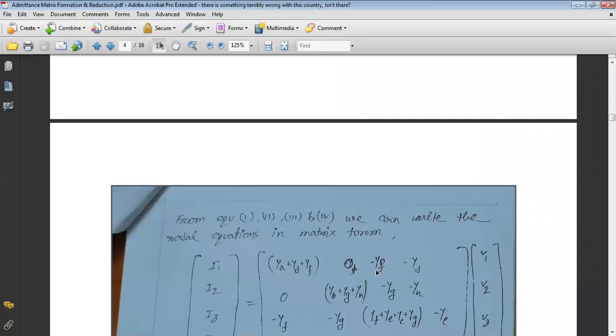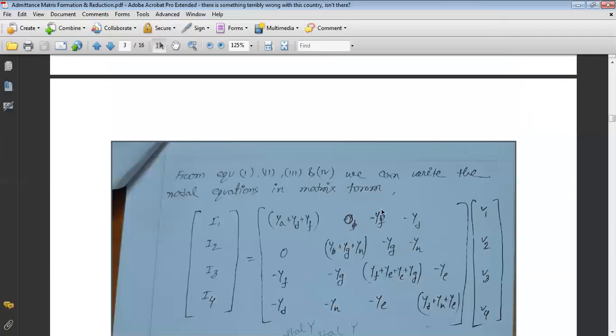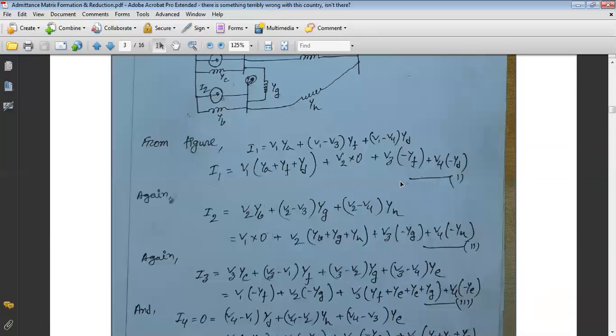Now the third element of the first row should be the coefficient of V3 in the equation of I1, which is minus y, so there should be minus y. Now the fourth element of the first row should be the coefficient of V4 in the equation of I1, which is minus YD.